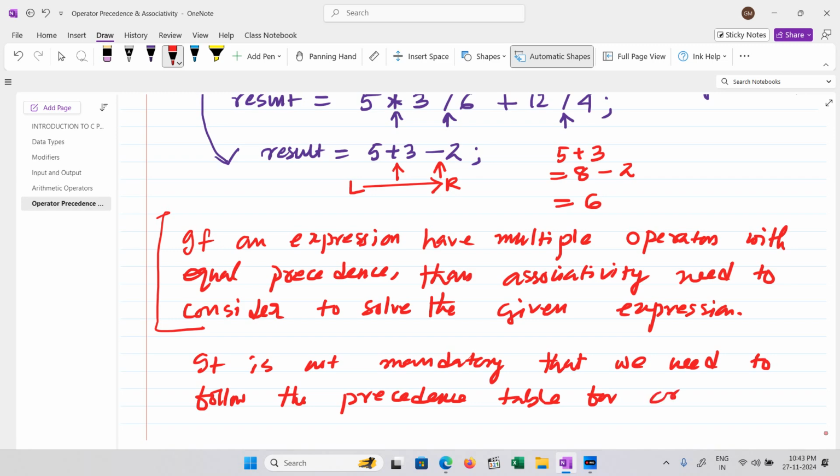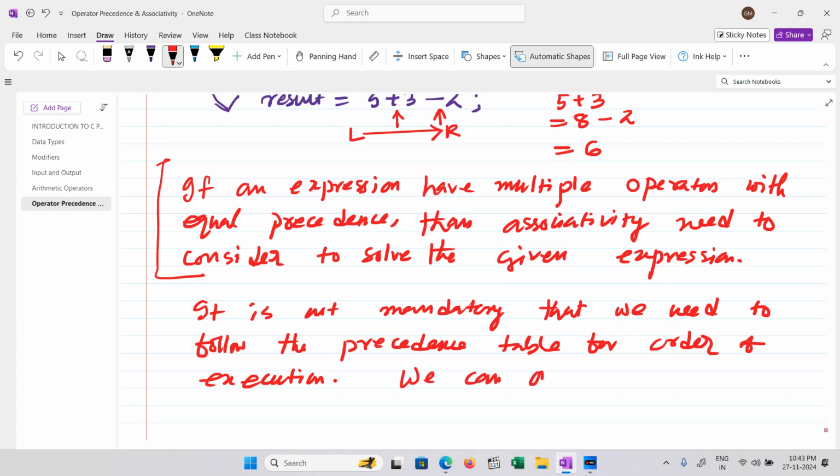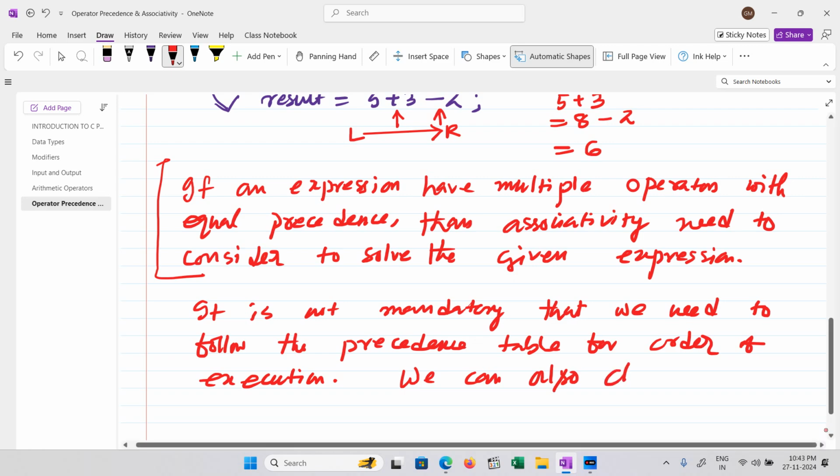Based on our requirement, we can also change the order of execution. But now the question is, how can we change the order of execution?